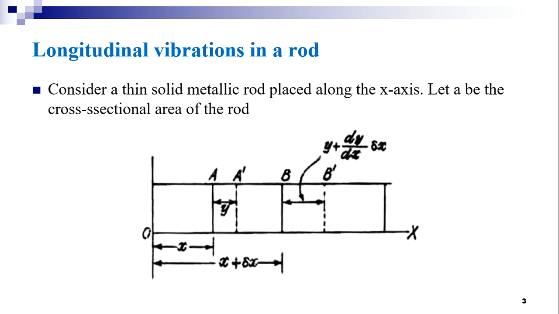These positions A and B are before the longitudinal wave passes through the rod. After the longitudinal wave passing through the rod, the positions of the sections A and B will be shifted to A dash and B dash, respectively.